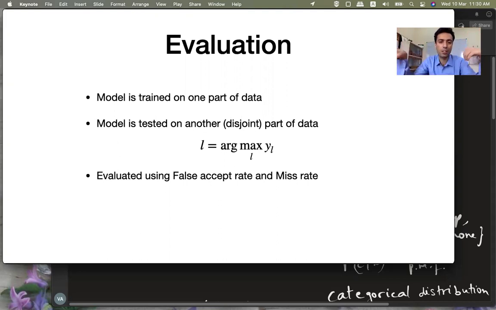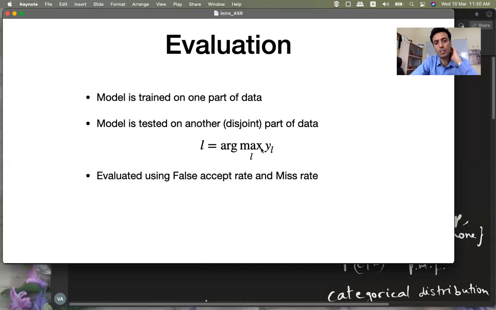I will split those recordings, let's say 80 recordings for training and 20 different recordings for testing, because I do not want to test on the same data on which I have trained, right? Otherwise, even if my model gives a good result, I cannot be assured that it will work on new utterances by Jayant, right?